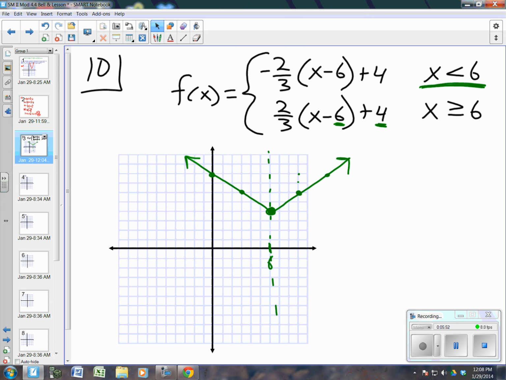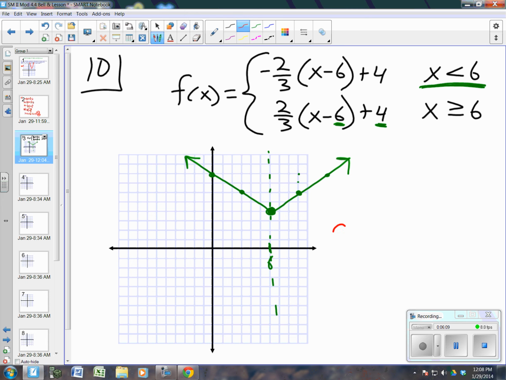So it makes what kind of shape? A V shape. And that's called an absolute value function, right? So I could write this in absolute value form just by putting absolute values around it, right?